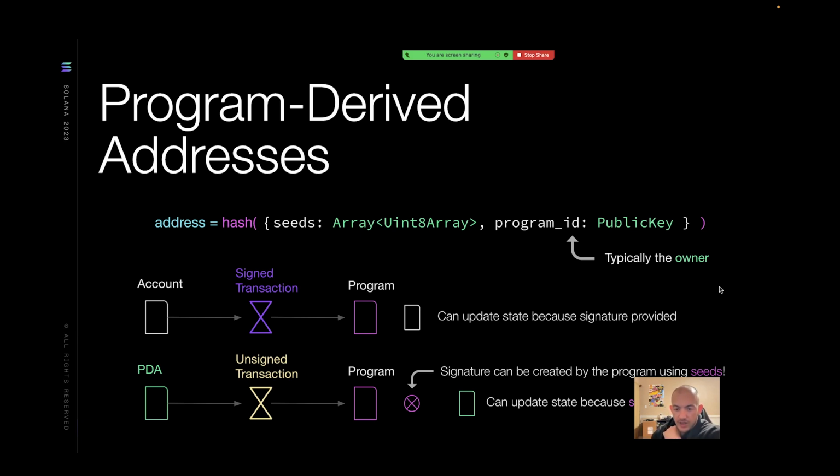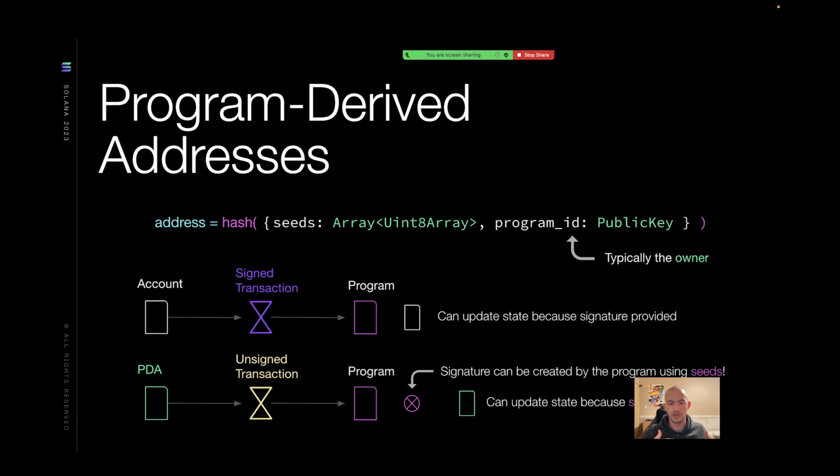But you can see here that we have one more additional step involved now that occurs on our program's actual operation. And that's where the program is actually using those seeds to create a signature or basically to authorize a change to this account. So the cool thing is there is no private key for these accounts.